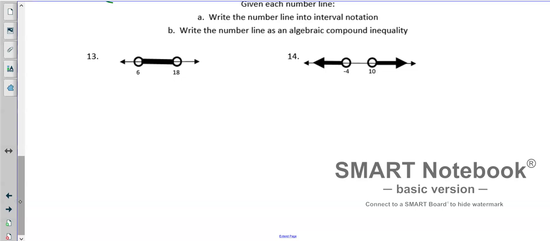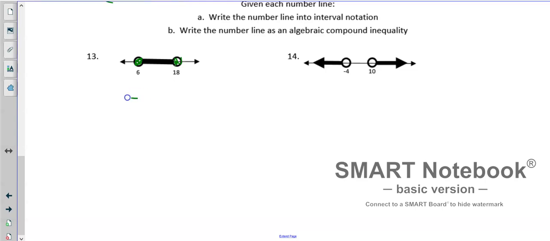This one, we're just going backwards. We're saying what this would look like in interval notation and as a statement. So this is, on your answer key, these are solid dots on number 13, but here it's not. So I'm just going to go with, let's make it match the answer key. So they're solid dots.